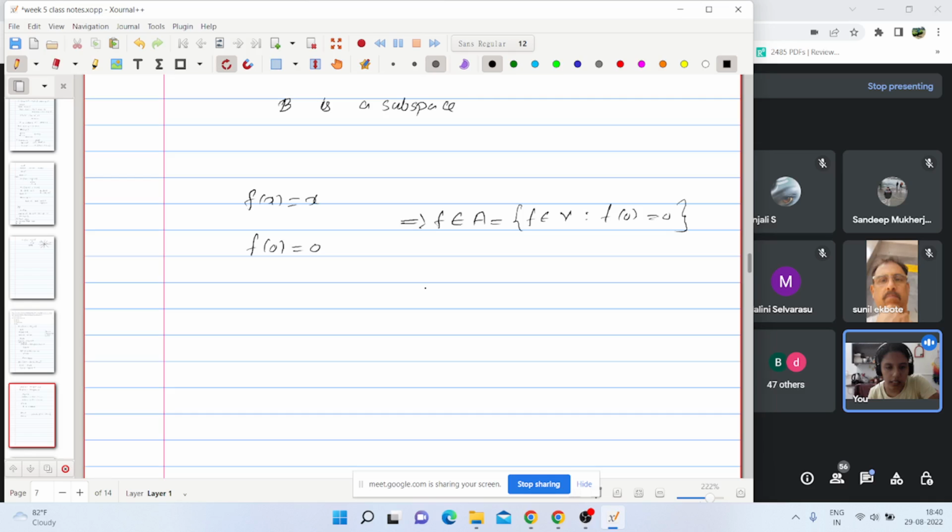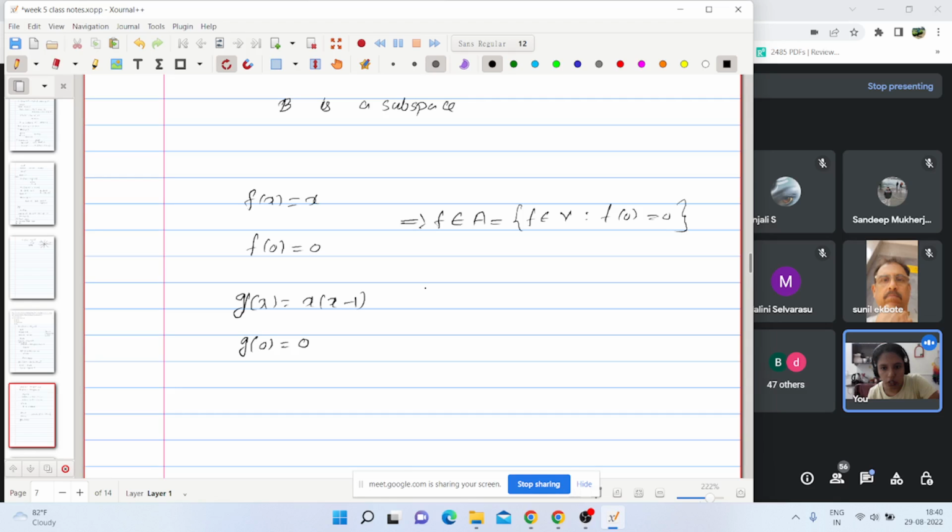In the same way, if I am saying g of x equal to x into x minus 1, here g is not a constant function, but g0 equal to 0 and g1 equal to 0. So this g belongs to our B. What is B? B is the set of all elements such that g0 should be equal to 0 and g1 equal to 0, right?